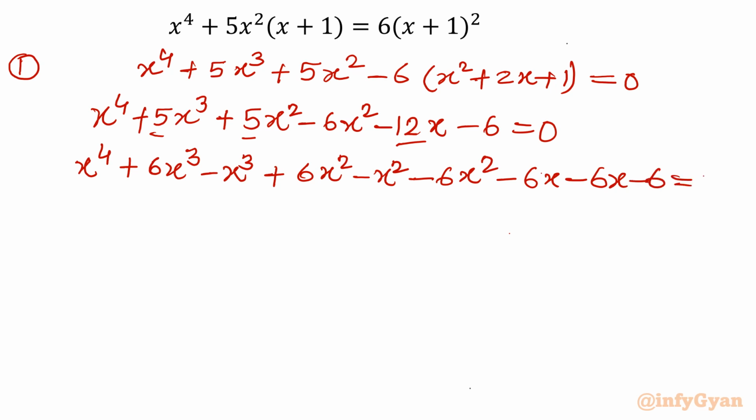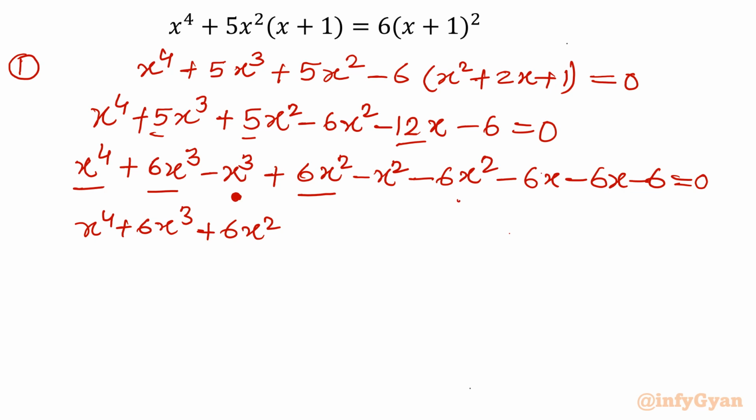Now you have to only identify. I have considered x power 4, then I have to consider 6x cube, then I have to consider 6x square. Let me write here x power 4 plus 6x cube plus 6x square. Now done. What is left? Minus x cube.